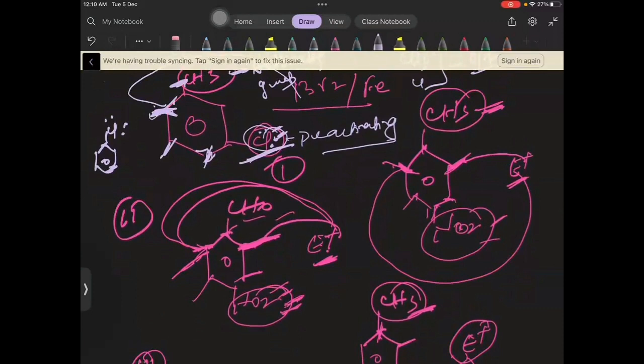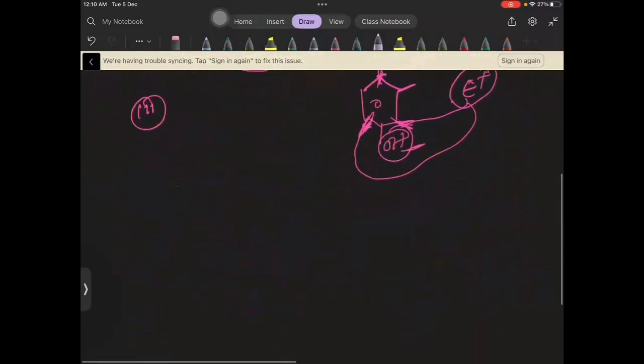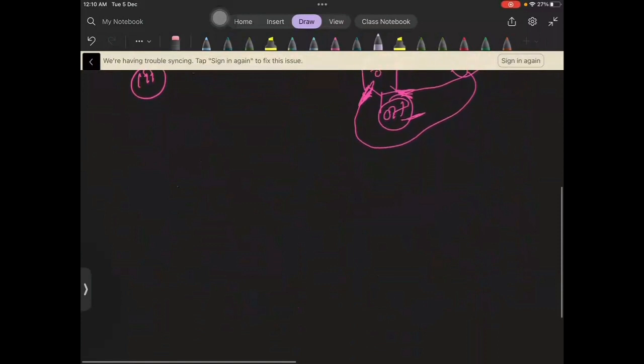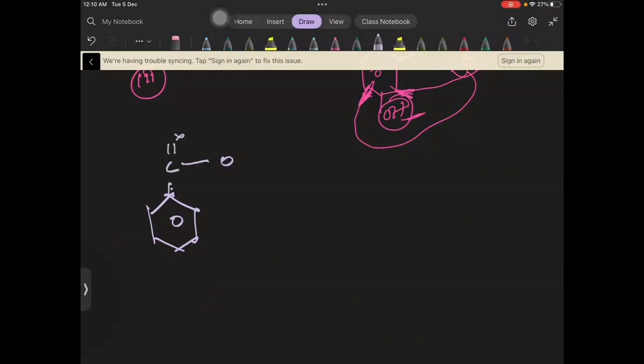Done. Okay, now the next question. The second question you asked is about this compound, with a C double bond O and this group here, correct? So what will happen with Br2 and Fe? Students, see here, there is a lone pair.